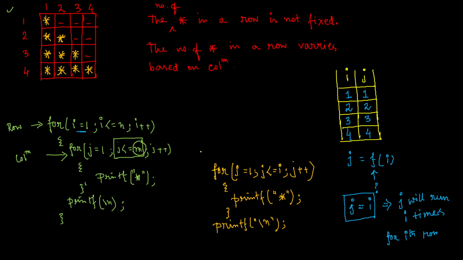So now this for loop will come for i, and I can say that i may continue from 1, i less than or equal to n, i plus plus, which will run this many times. And what is this n? This is the number of rows, which can be a user input.